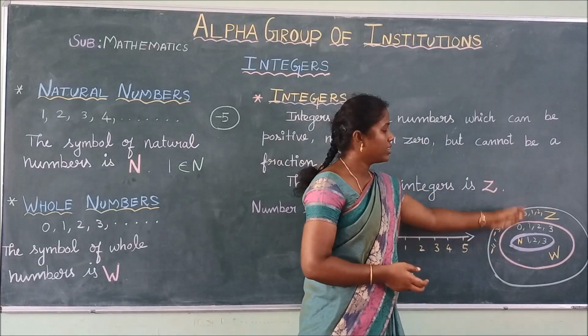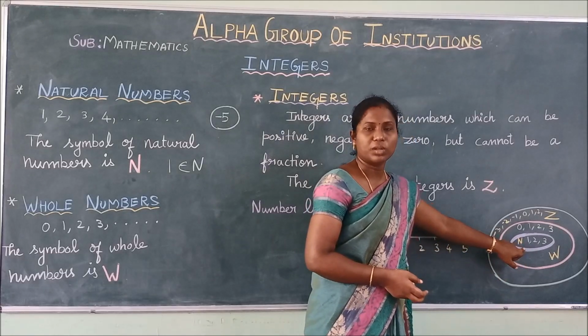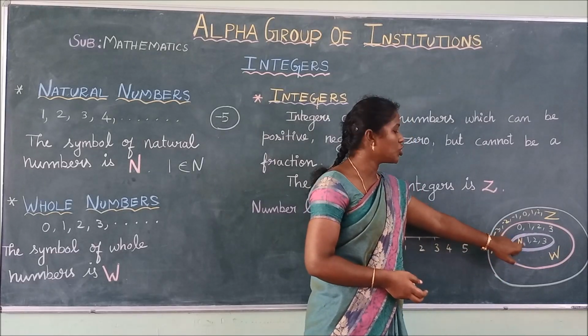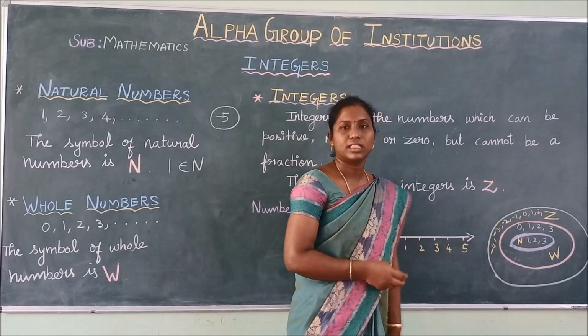So the whole numbers contain natural numbers, and integers contain both natural numbers and whole numbers. This diagram indicates the relation between these three.